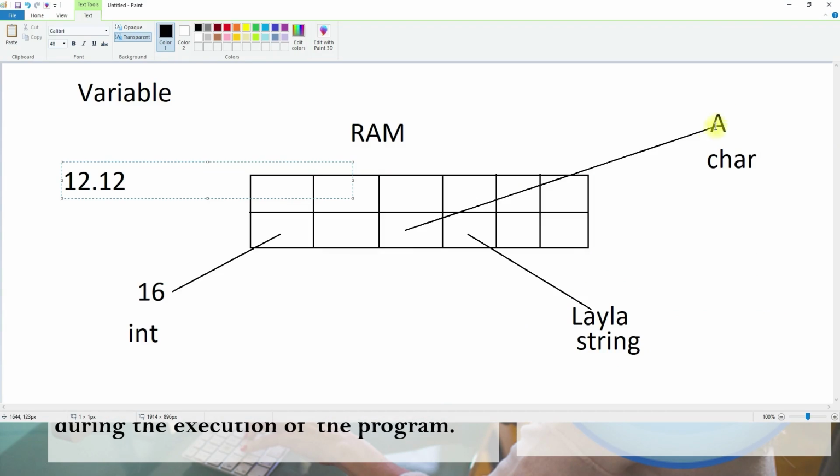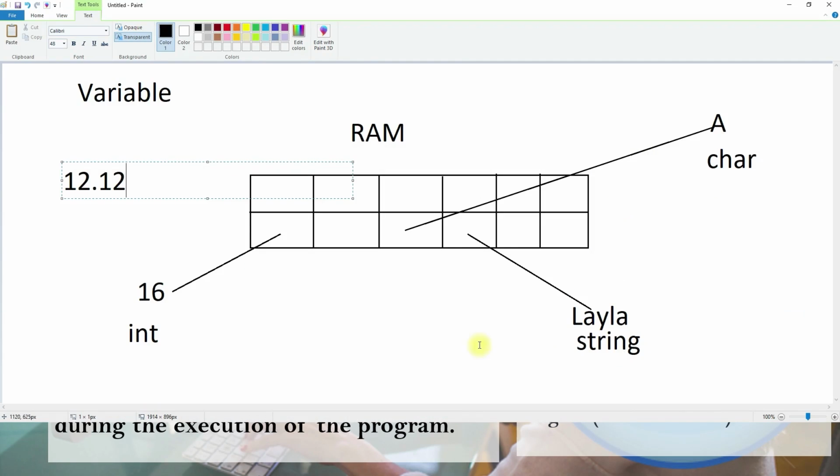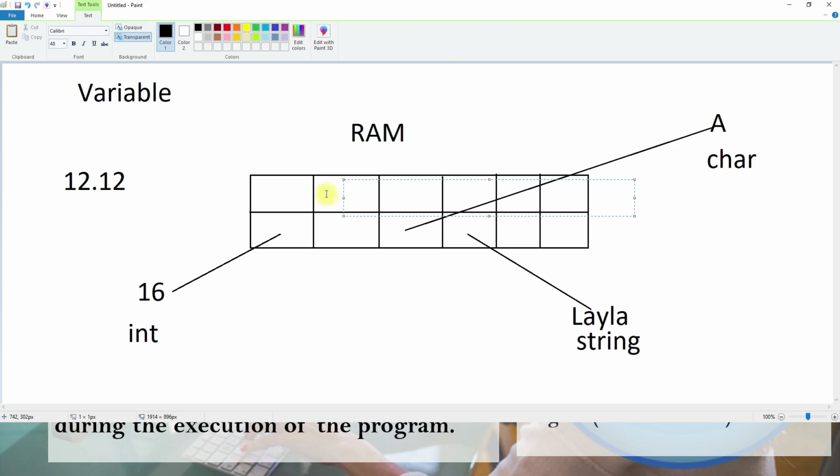Then we go to the next one, which is character. The data type for character is what? Char. Next one is what? Logical data type, which is also called Boolean or bool. What does it mean? For example, this is a memory place. If in this memory place you want to store only 1 or 0, the data type for here is what?